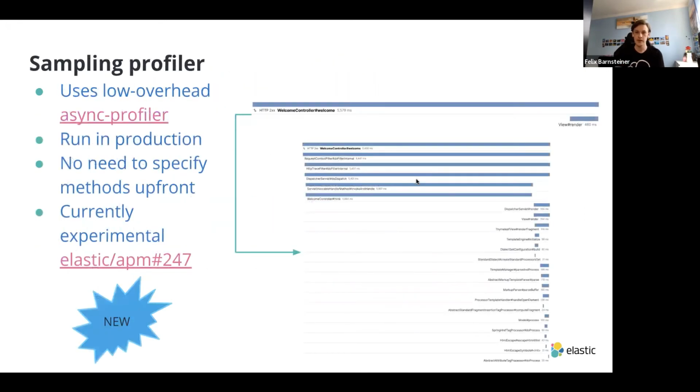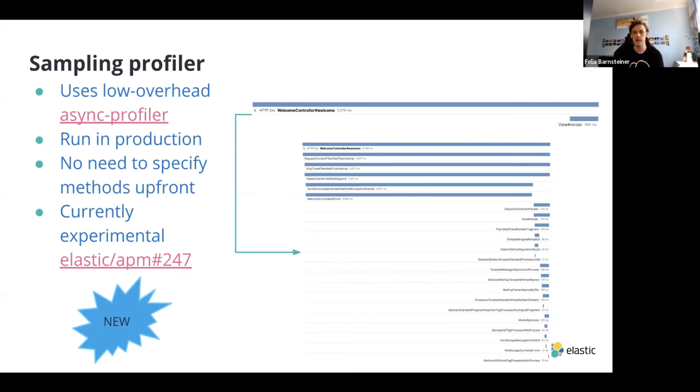And then there's the new kid on the block, that is the sampling profiler, which is now new in the Java agent. And that leverages a low overhead profiler called async profiler. So that is a very popular open source profiler that is, for example, also used in IntelliJ.